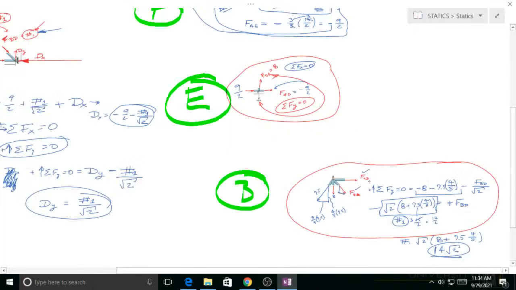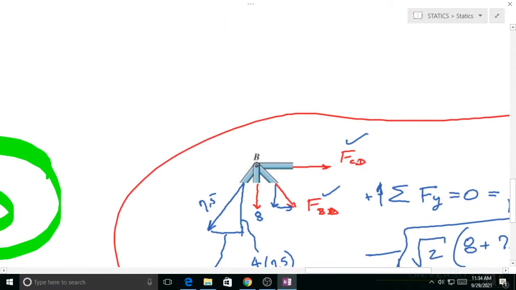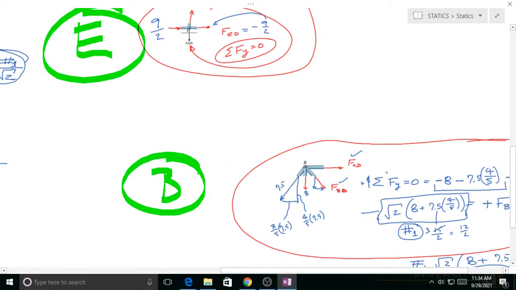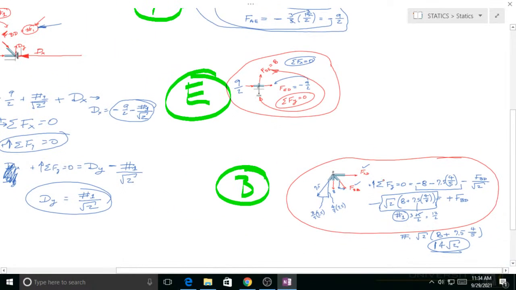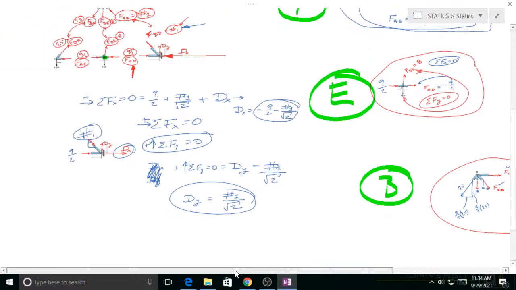Okay, what did I get? Okay, I had to get this F CD, is that what I called it? Where did I do it though? Did I not get it? I don't know that I calculated it, did I? Because I see the sum of the forces in the Y. You know what?